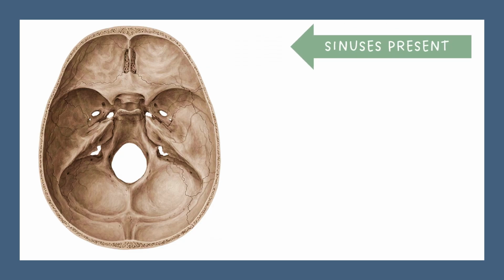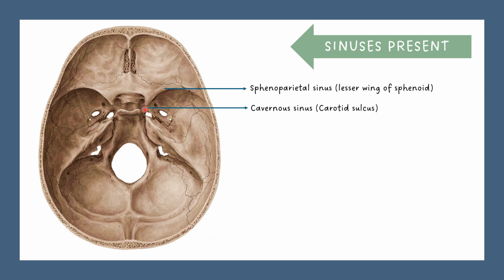Let's look at some of the venous sinuses present in the middle cranial fossa. Along the lesser wing of the sphenoid, we have the sphenoparietal sinus. The cavernous sinus is located in the carotid sulcus on the side of the body of the sphenoid.